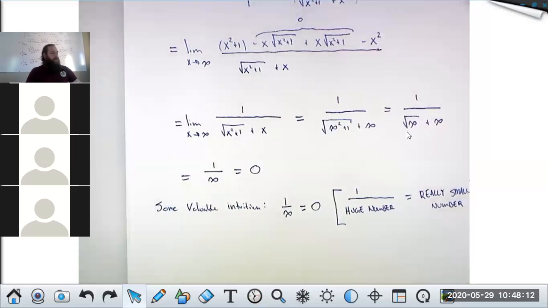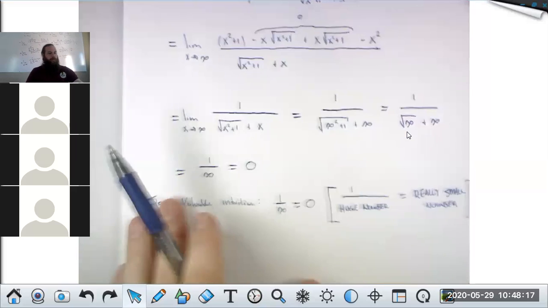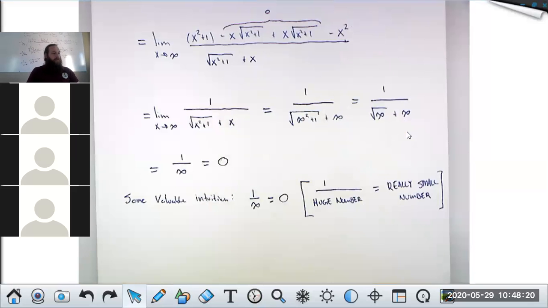So if you have a limit where the bottom is going to infinity and the top is not, then that limit is 0. And that's what we ended up with here.